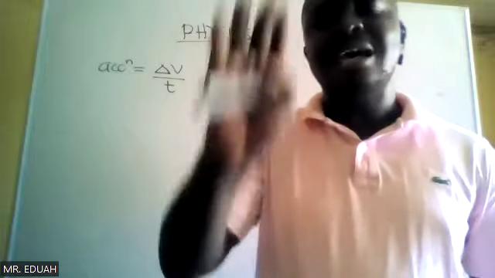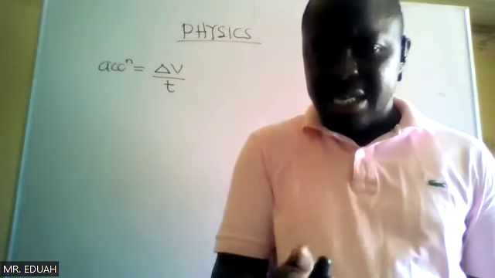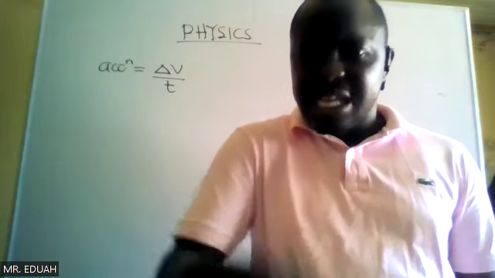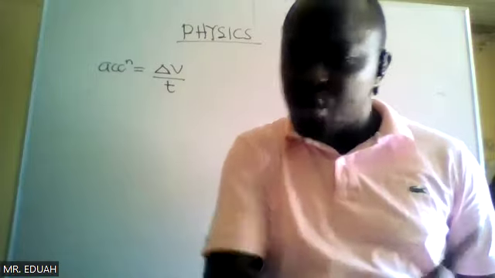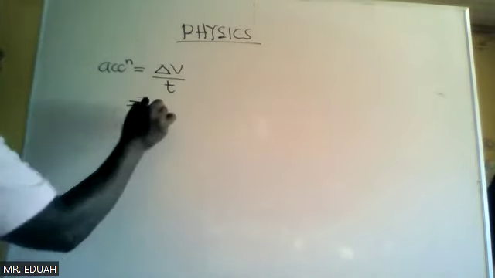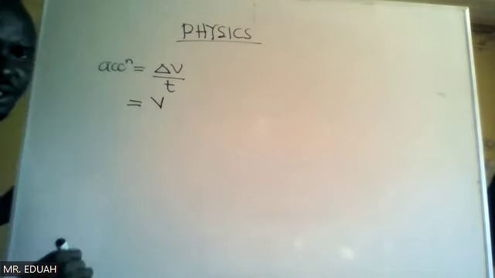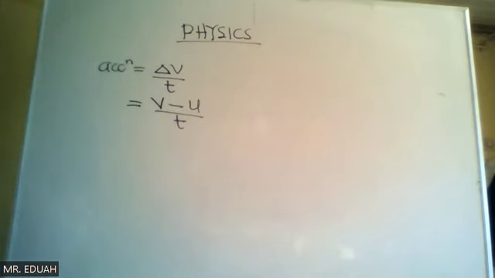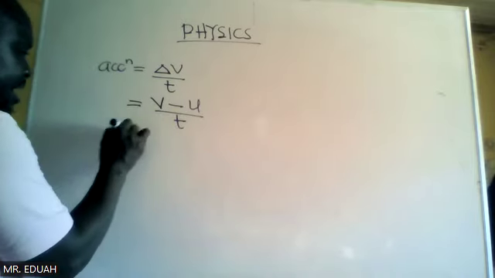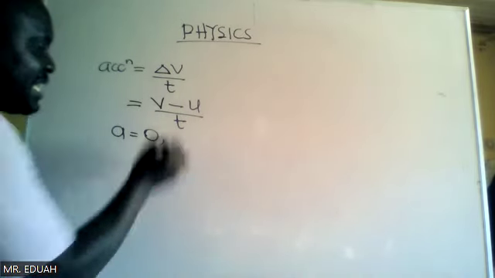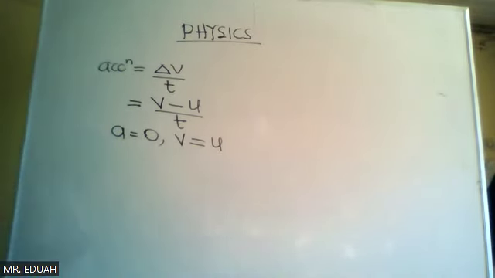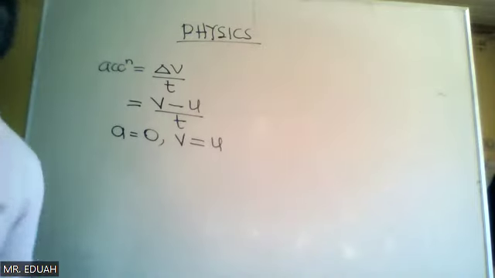So when the acceleration of a body is zero, what it simply means is that there is a velocity, but there is no change in the velocity. A is equal to V, final velocity, minus U, initial velocity, over T. If A is zero, then final velocity is equal to initial velocity.